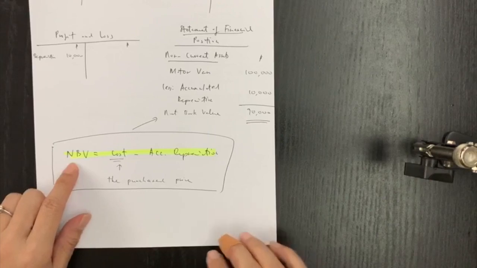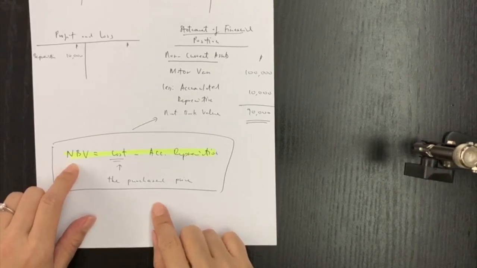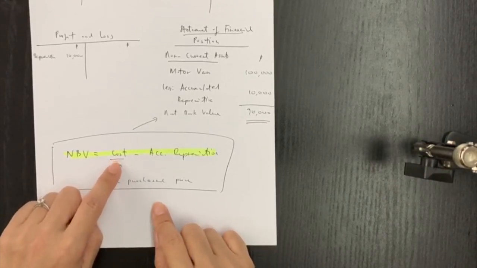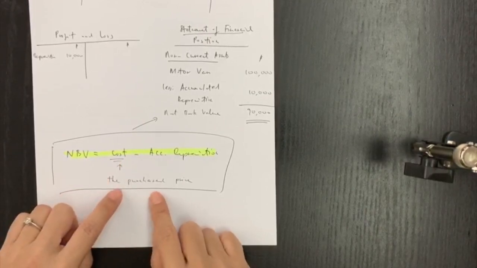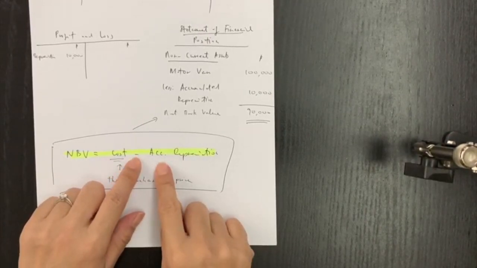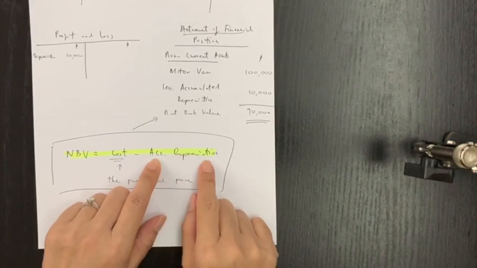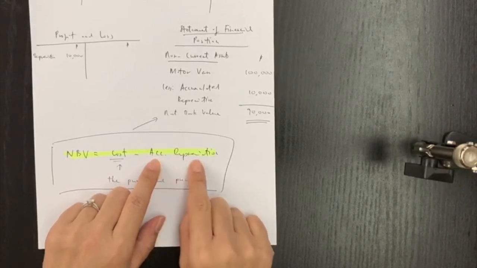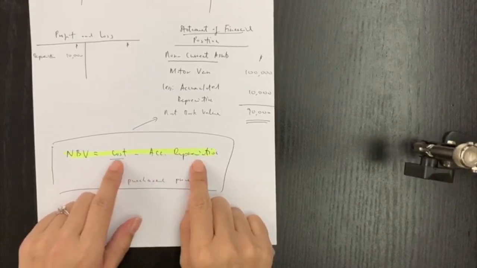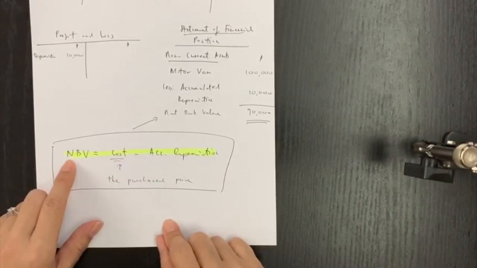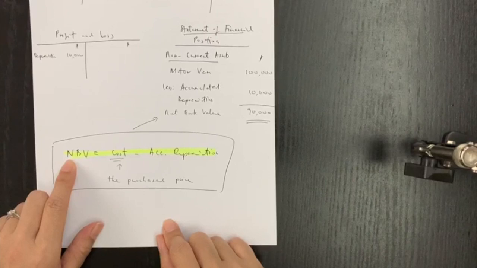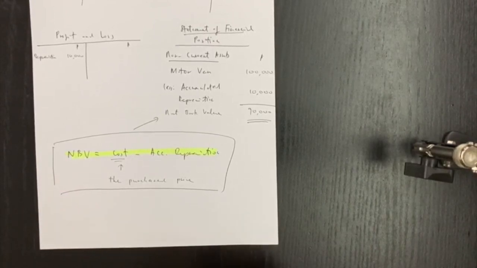Okay, and also we have this formula for net book value, which is equal to cost, and cost is always the same because it is the purchase price, minus accumulated depreciation. And why it is called accumulated depreciation, you can see this account is getting bigger, and this is always the same, so that we have net book value getting smaller and smaller. All right, so this is about the idea of depreciation.